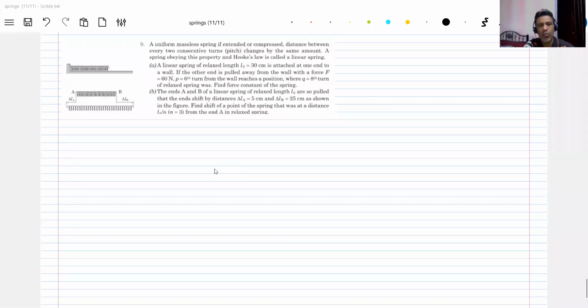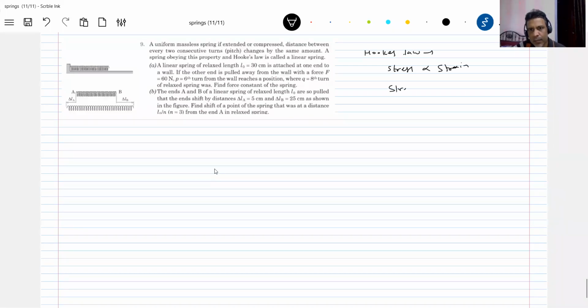I'll tell you now, Hooke's law is nothing but the spring force. The force is directly proportional to displacement. So what is Hooke's law? I tell you what it says. Stress is directly proportional to strain. What do you mean by stress?